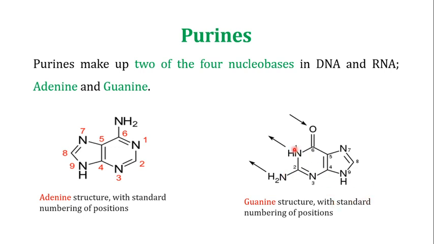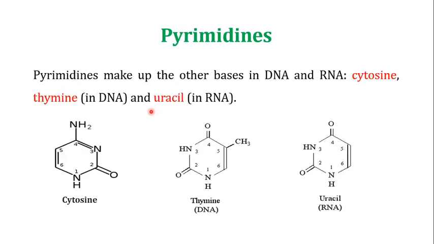From here, this is 1, 2, 3, 4, 5, 6, 7, 8, and 9. And these numbers are very important when we talk about the interaction between the purines and the pyrimidines in a while. So the purines make up 2 of the 4 nucleobases present in the nucleic acids, and they are adenine and guanine.